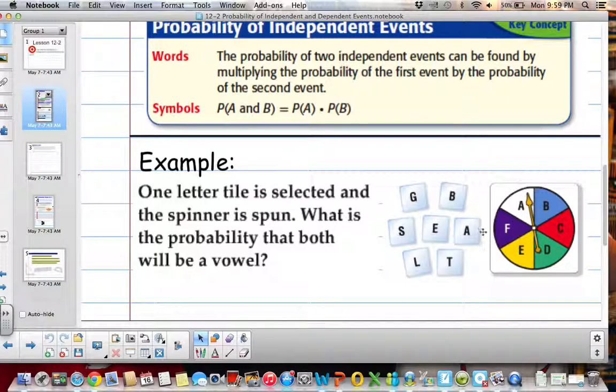They are independent because if you pick a letter tile out of this group of letter tiles, and then you spin the spinner, the probability on the spinner of getting any letter does not change no matter which letter you choose out of the letter tiles, and vice versa. So they are independent because they are totally separate. Picking a tile does not affect what goes on with the spinner.